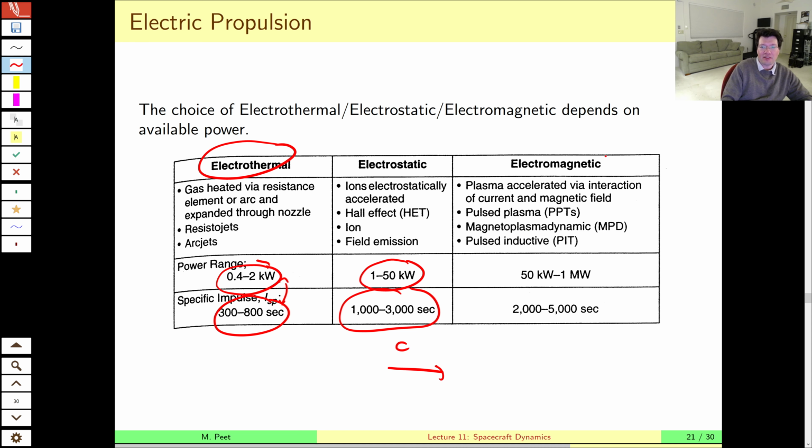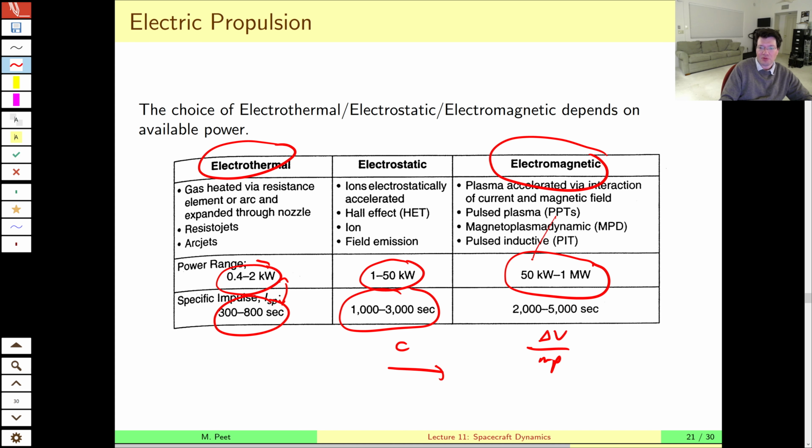And the most efficient is electromagnetic. If you're looking for high delta V over mass of propellant, electromagnetic's your choice. But again, it requires very large electrical burdens.